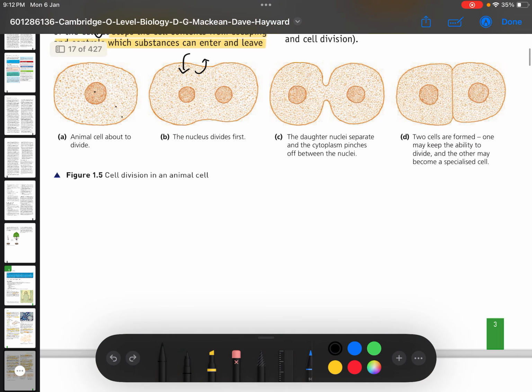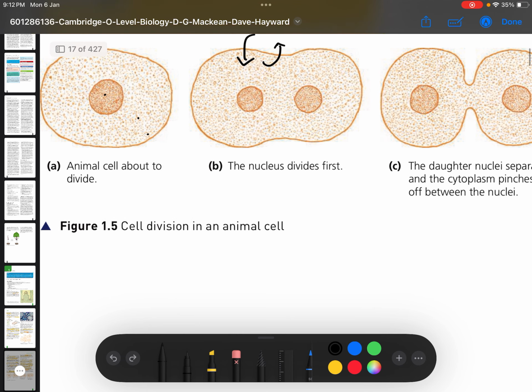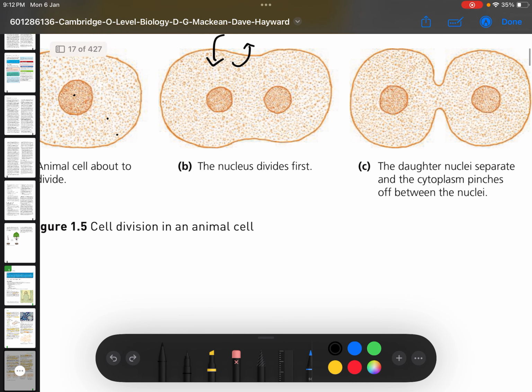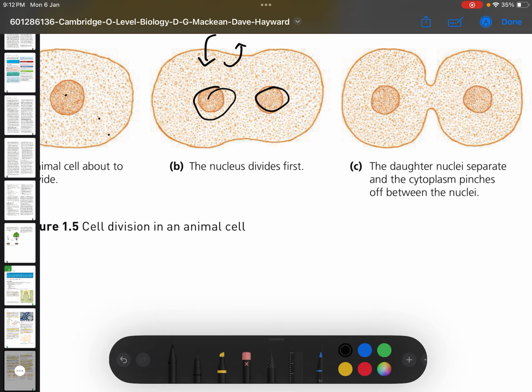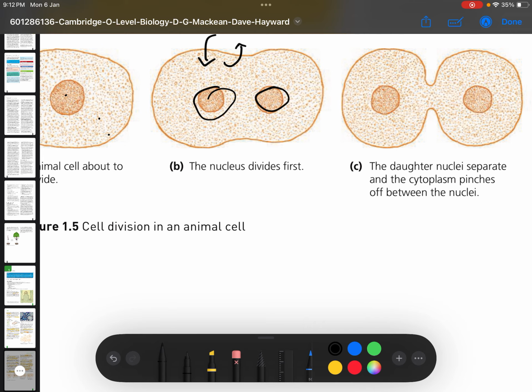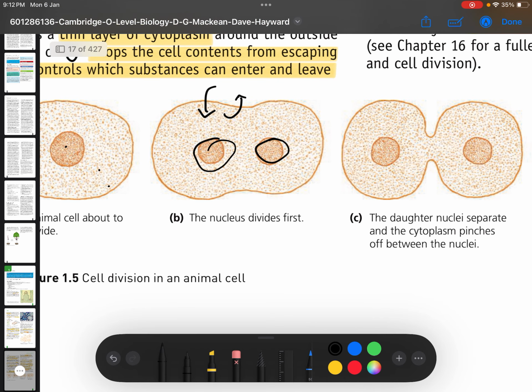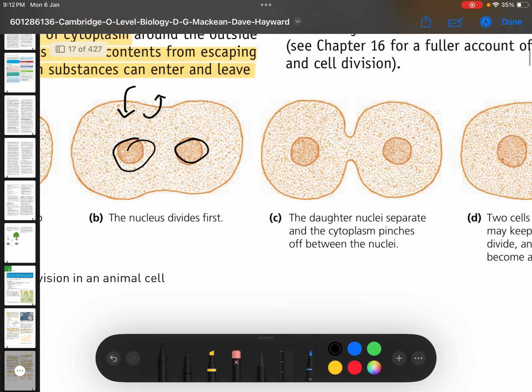All right, here's an image of how the cell replicates. First, when the animal cell is about to replicate, the nucleus divides. So you see it's replicated. The nucleus material has been replicated. There's one whole pair of nuclei, and once the division of the nucleus has finished, the cell starts dividing.